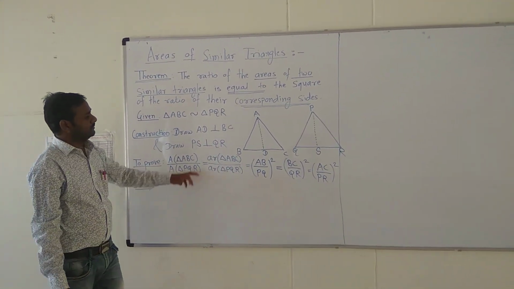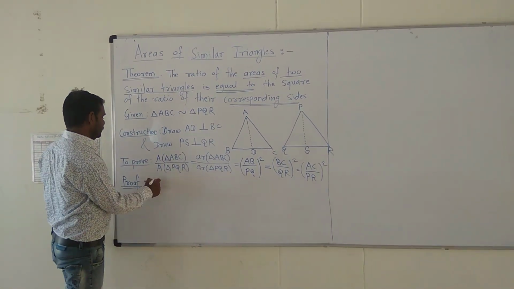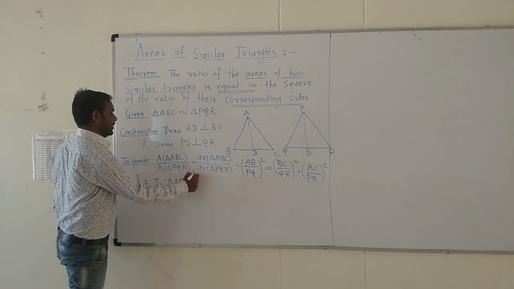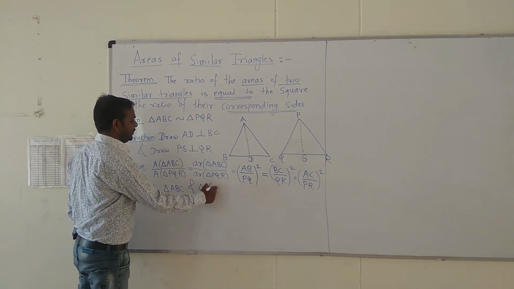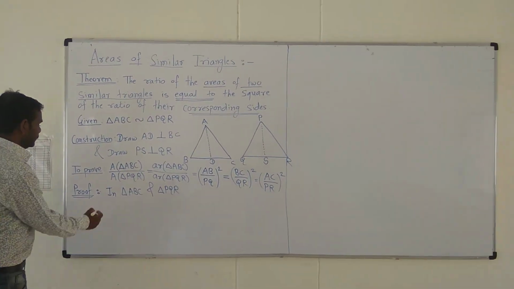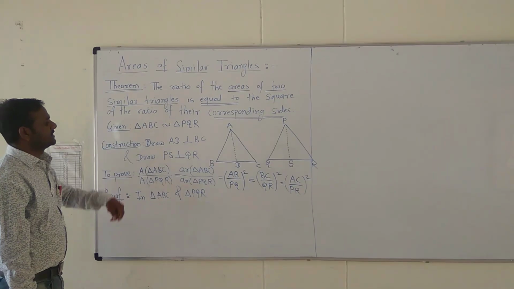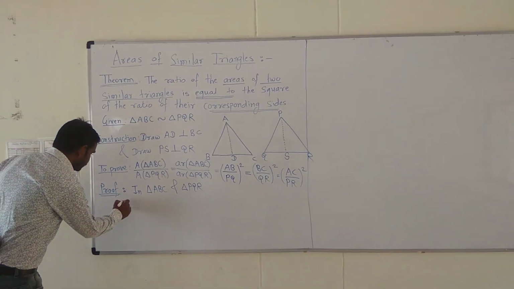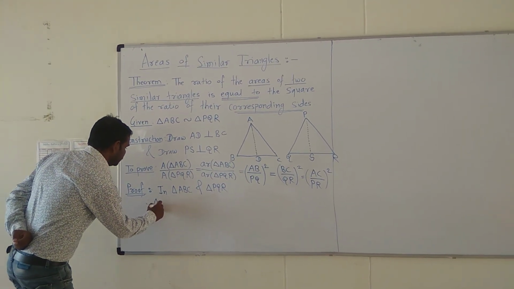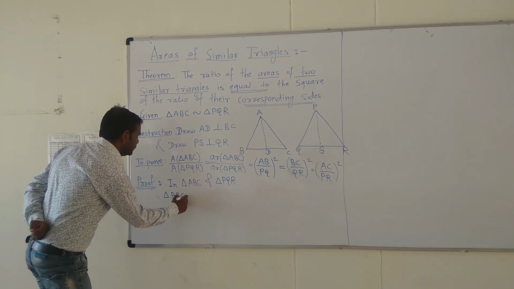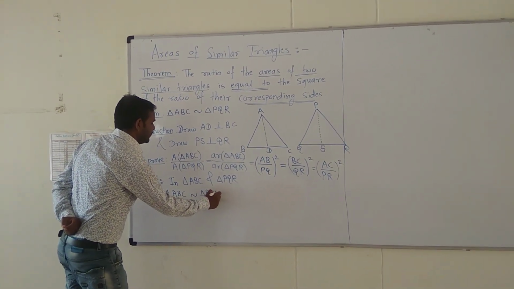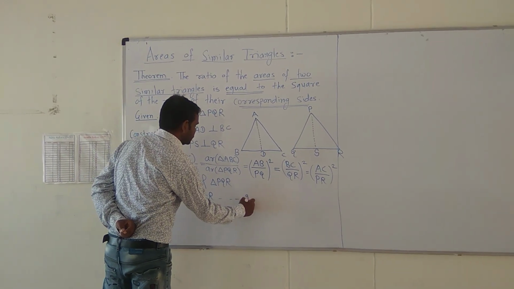Now in triangle ABC and triangle PQR, it is given that the two triangles are similar. So first we write: triangle ABC is similar to triangle PQR, given.